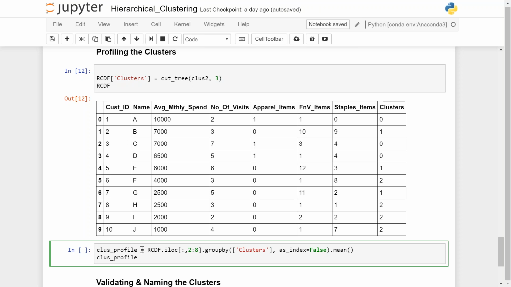Once you have done clustering, the next step in clustering is validating the number of clusters.